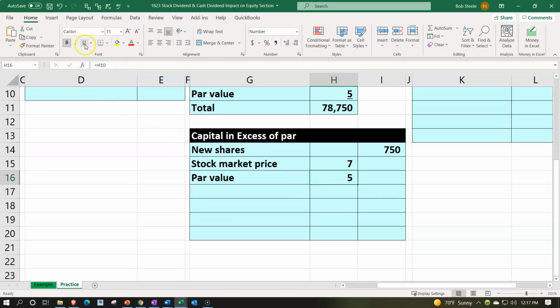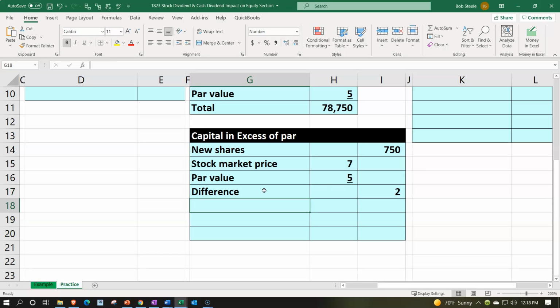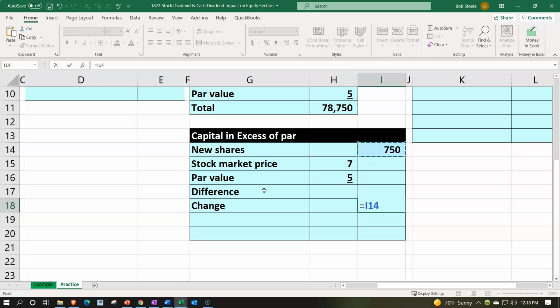So we're going to go to the font group and underline that, and I'll just call this the difference, which is equal to the 7 minus the 5. Then I'll call this the change. The change is going to be equal to the 750 times the $2. Let's put an underline there, font group and underline.